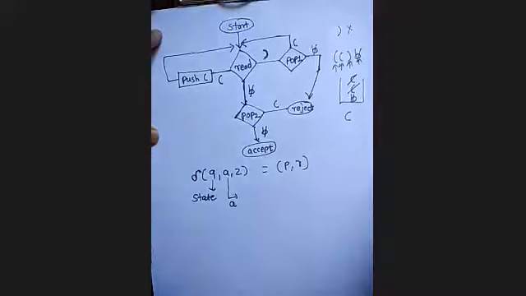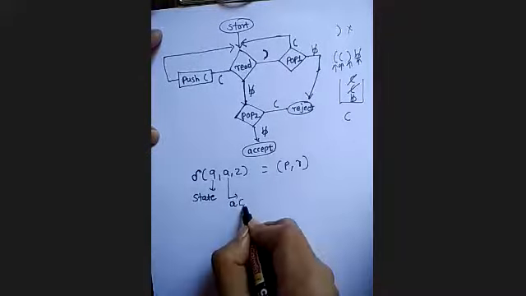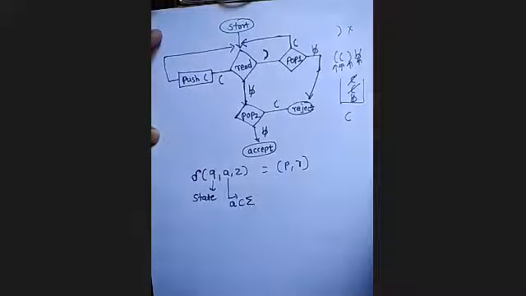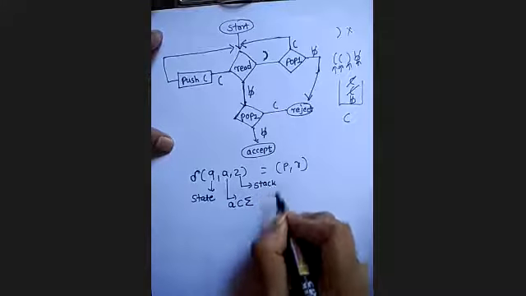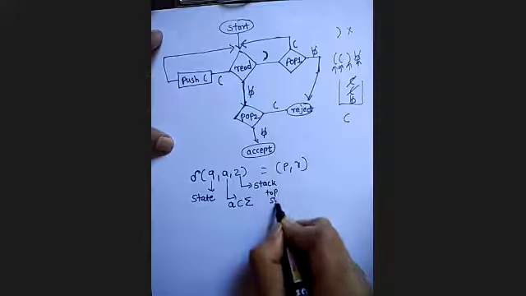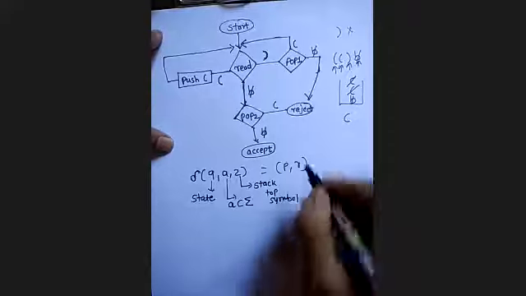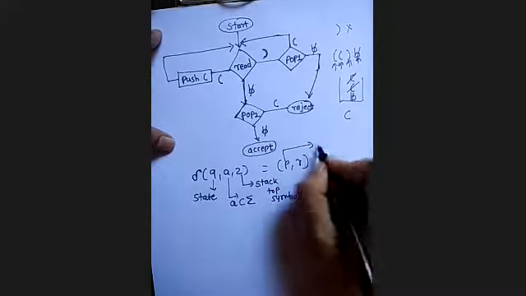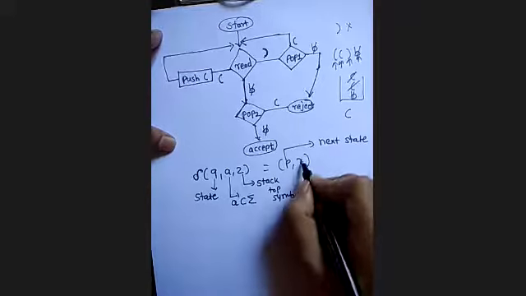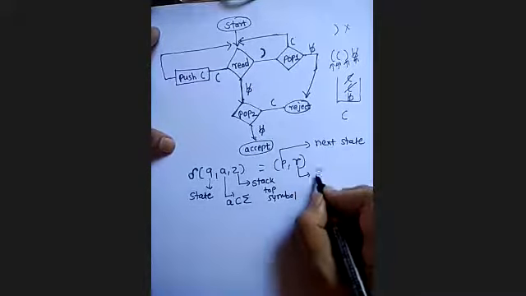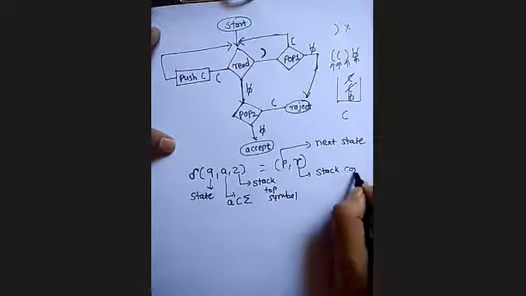This A belongs to the input alphabet, and this Z is what? Stack top symbol. Note down, if you didn't do it last time. This P indicates the next state, and this gamma is what? Stack content after the transition.